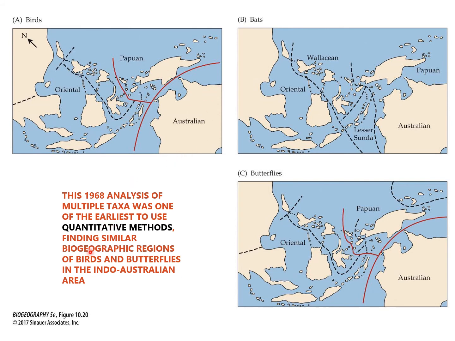They found similar biogeographic regions for birds and butterflies within the Indo-Australian area, but different for bats. Basically, they were looking at organisms that had the ability to fly, and butterflies were only a portion of the insects, and seeing if they exhibited similar patterns.